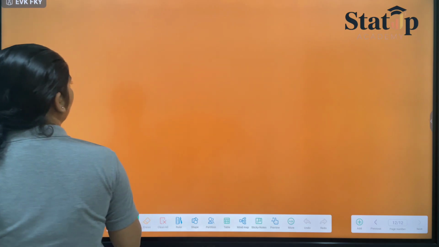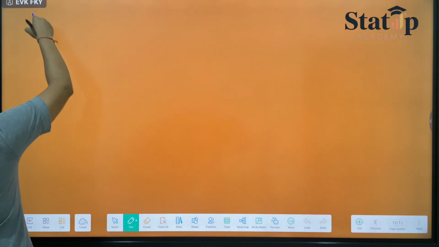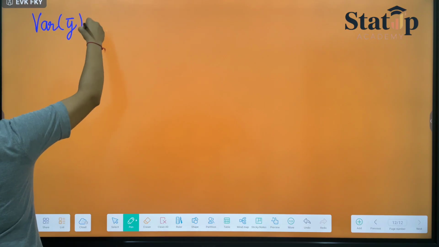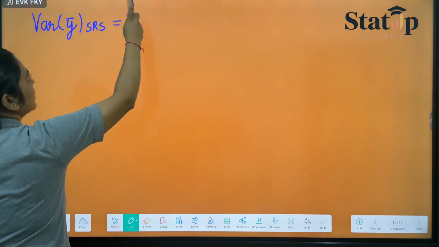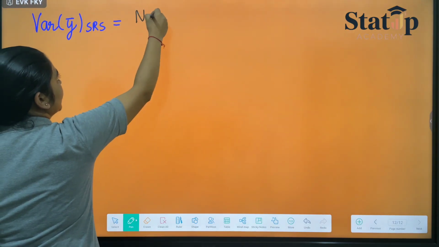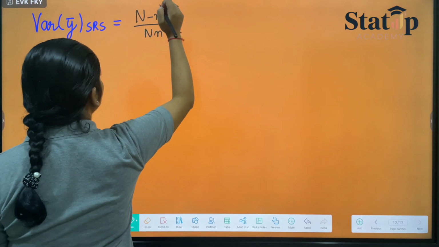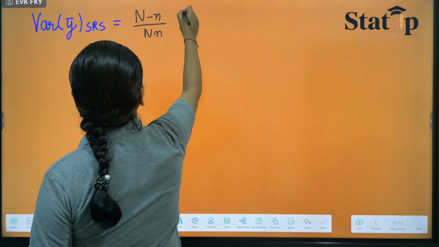Similarly, if we want to compare with simple random sampling, we know that variance of y bar in simple random sampling is nothing but capital N minus small n upon n into S square.